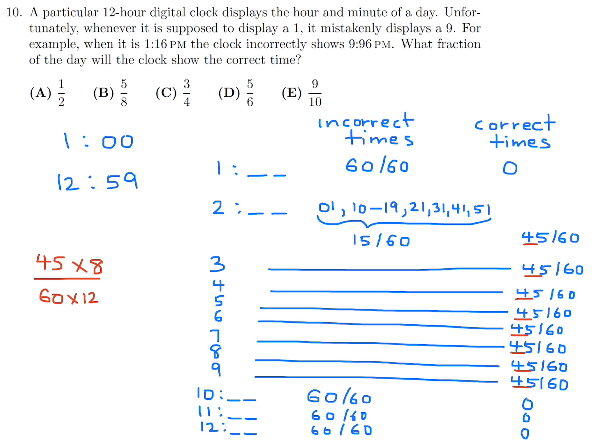Because you have 12 hours and each hour has 60 minutes. So this is the fraction that we need to figure out. And we can reduce this to lowest terms. 45 over 60 is 3 over 4. 8 over 12 is 2 over 3. And this looks like 2 over 4, which is just a half. So number 10, the answer is 8.